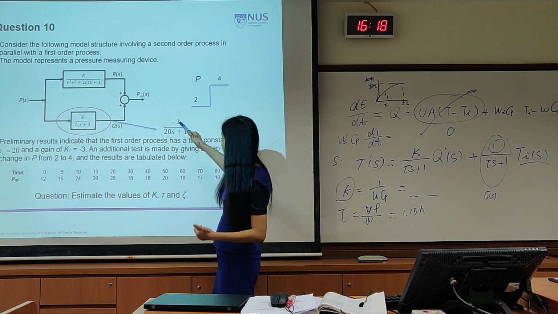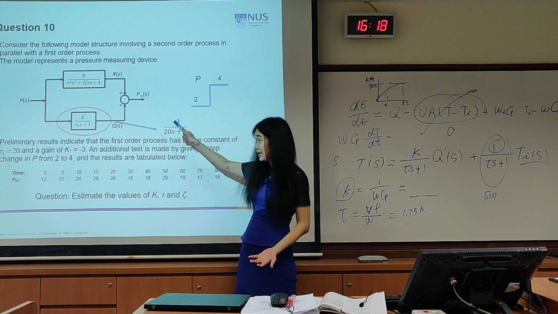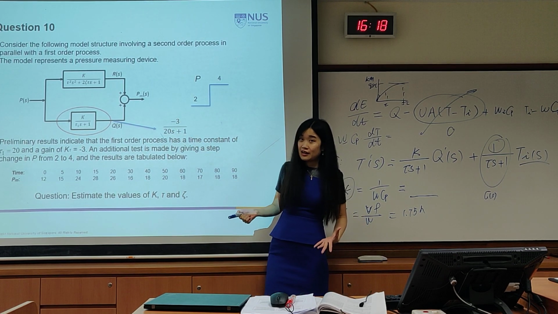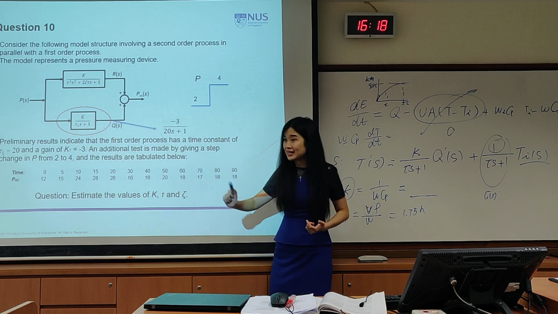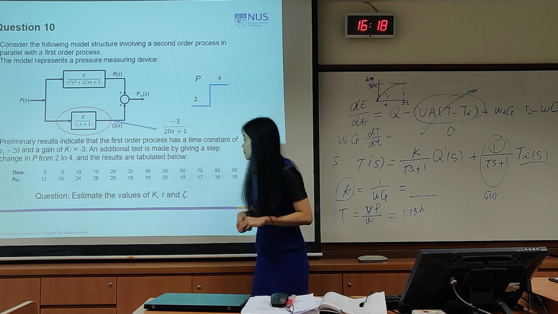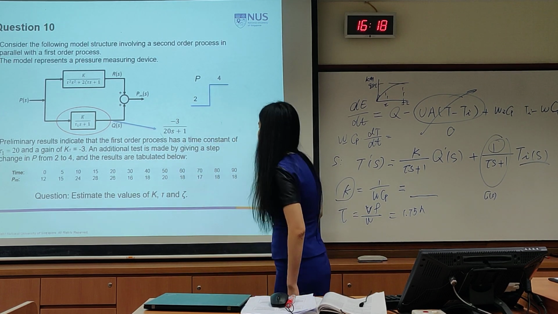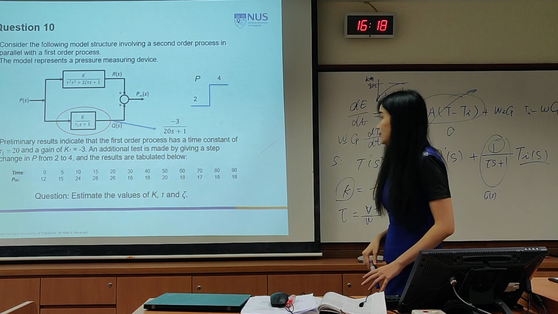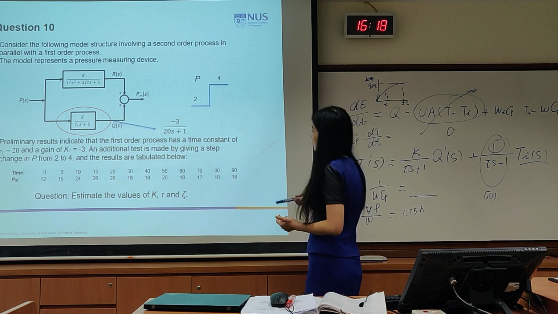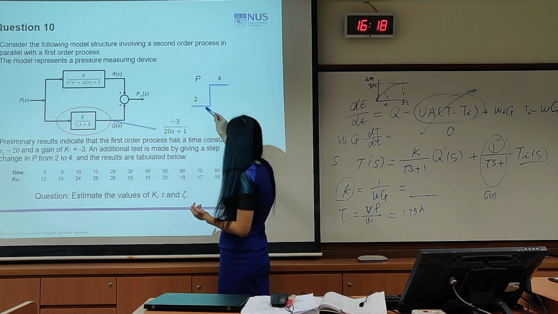It's just two parameters for a first order process, k and tau. But we don't know the second order process. So our goal is to use the process data to estimate the second order process parameters. But luckily we got additional tests. So we have this input with a step change in PS from 2 to 4. So this is PS, an input step.